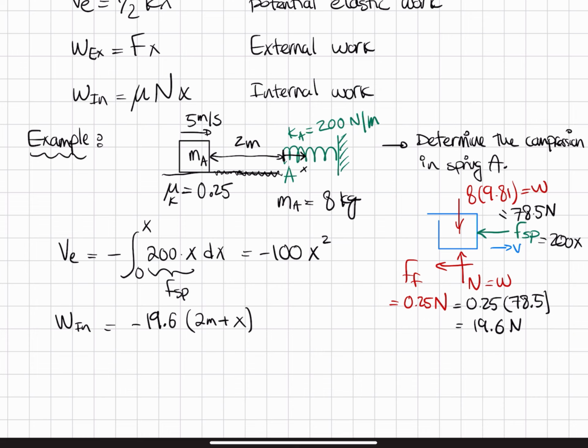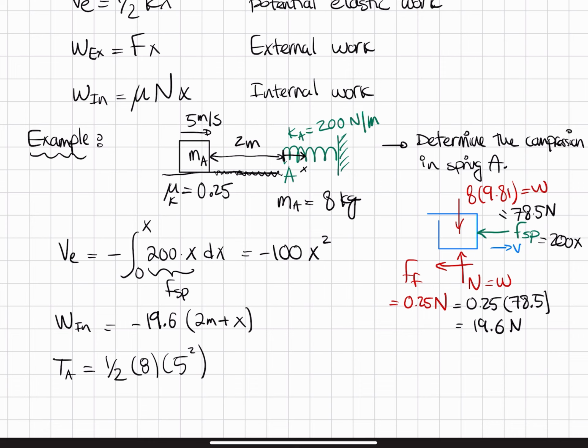We have to look at the initial kinetic energy and the final kinetic energy. Initial is position A, so TA. It's 1/2 mv squared, right? M is 8 kilograms, and the initial velocity was 5 meters per second.